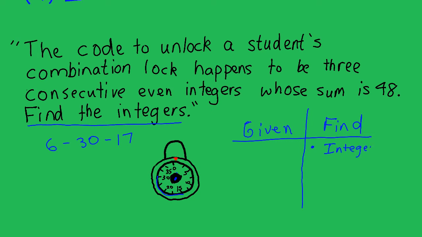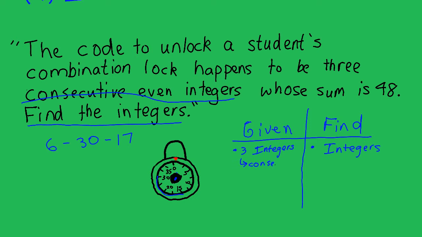And the information that we're being given in the problem we can find in the rest of the problem. So it says the code to unlock a student's combination lock happens to be 3 consecutive even integers. So I'm just going to write here 3 integers, and some information about them is that they are consecutive even integers, and we'll talk a little bit more about that, but we'll just write it down for now.